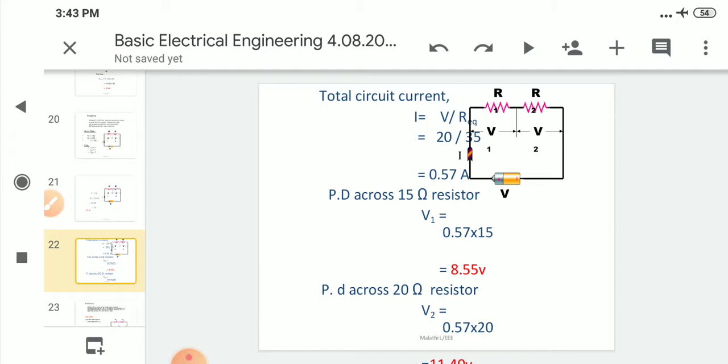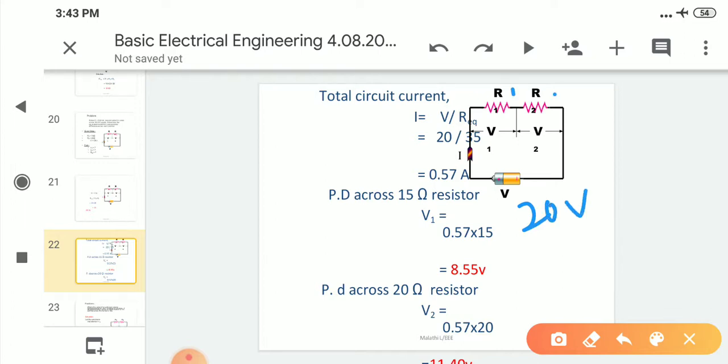First, to calculate the current according to Ohm's law, I is equal to V by R. So here in our question, this V is given as 20 volts. This R1 plus R2 is 35. So 20 by 35 gives 0.57 amperes.